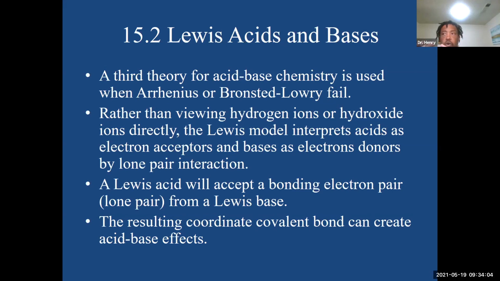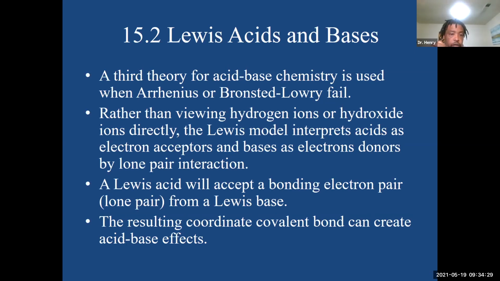Okay, so when you're looking at organic chemistry, we organic chemists typically use the Lewis model or the Lewis definition of an acid and a base. Lewis acids will accept bonding pairs of electrons from a Lewis base. So that means the Lewis base is going to be donating the electrons.